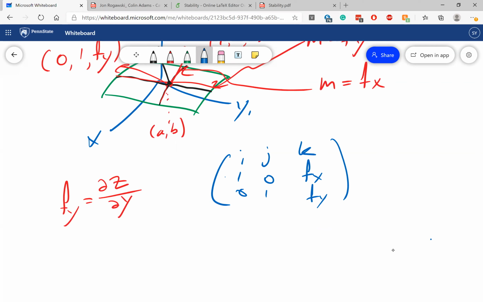And so then this is going to be equal to i, and then this times that, minus that times that.